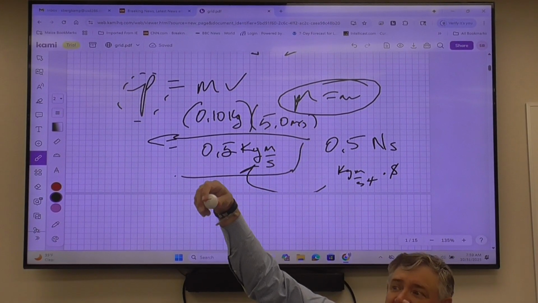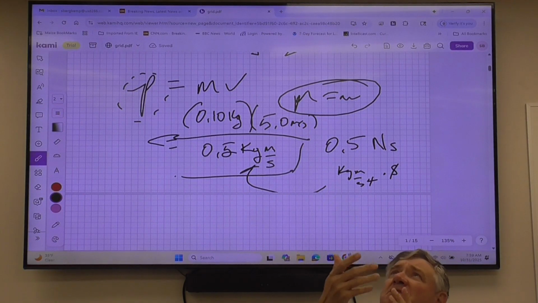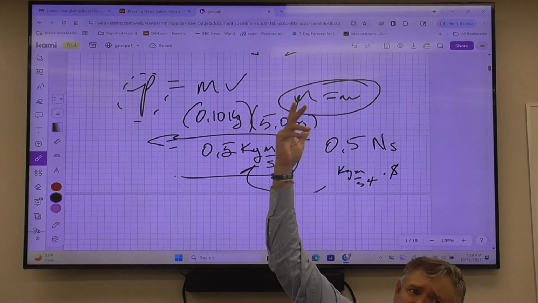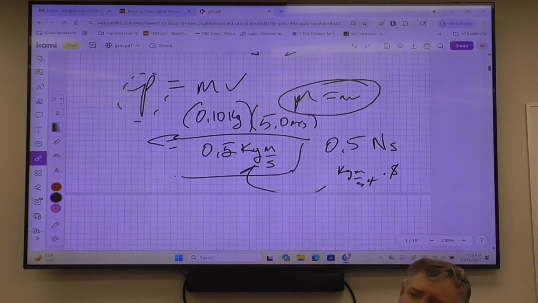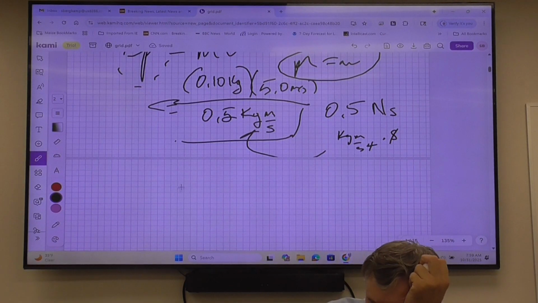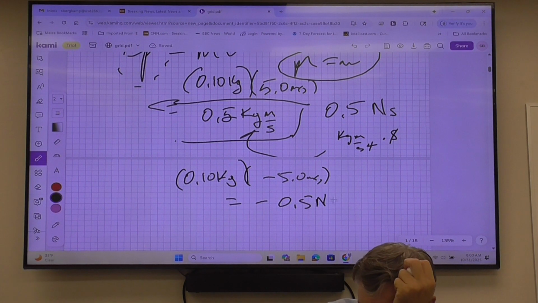So can velocity be a negative value? Yes. Throw it up in the air. On the way up, what's the sign of the velocity? Positive. On the way down, what's the sign of the velocity? Negative. So if the ball goes in the opposite direction, I would just take 0.1 kilograms times negative 5 meters per second, and I get negative 0.5 Newton seconds.